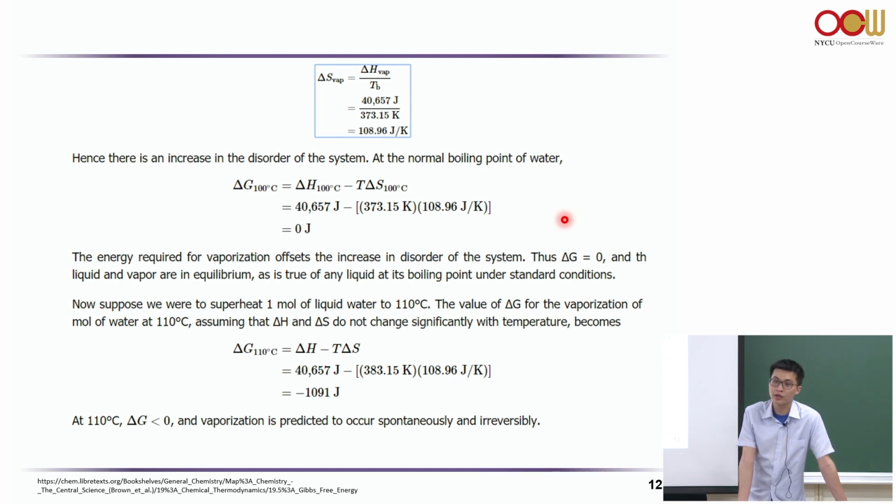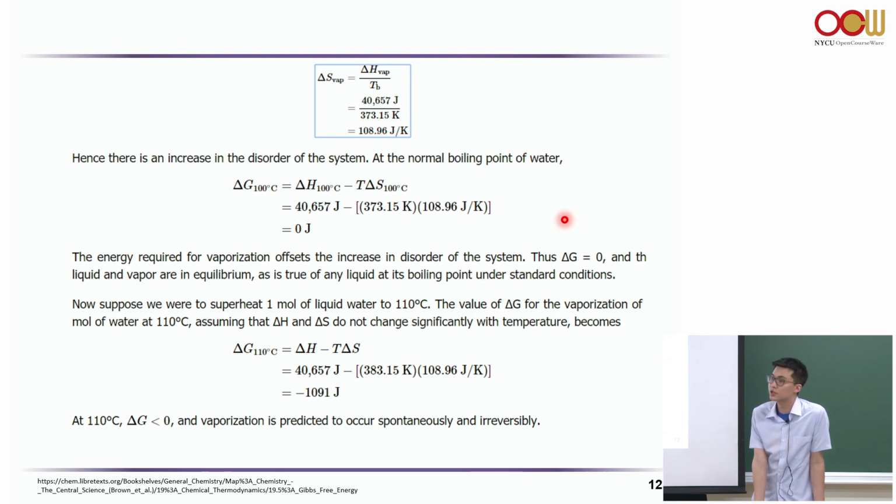Okay, so if we plug it into this equation, the delta G is equal to delta H minus T delta S. We'll derive this equation in a little bit. So from this calculation, we can get at 100 degrees, it is at equilibrium. The energy required to vaporization offsets the increase in disorder of the system. So your delta G is equal to 0, it's at equilibrium, okay?